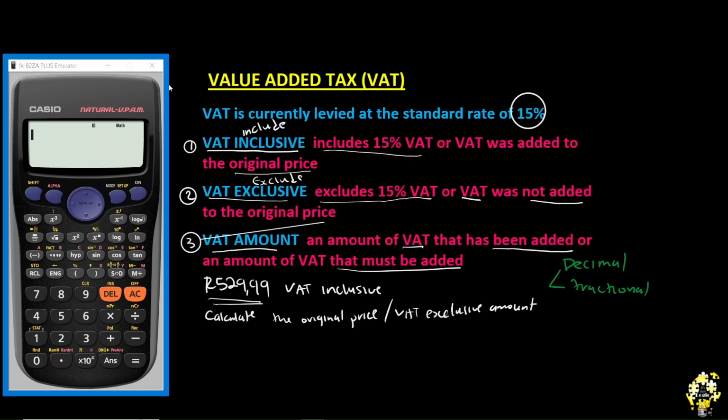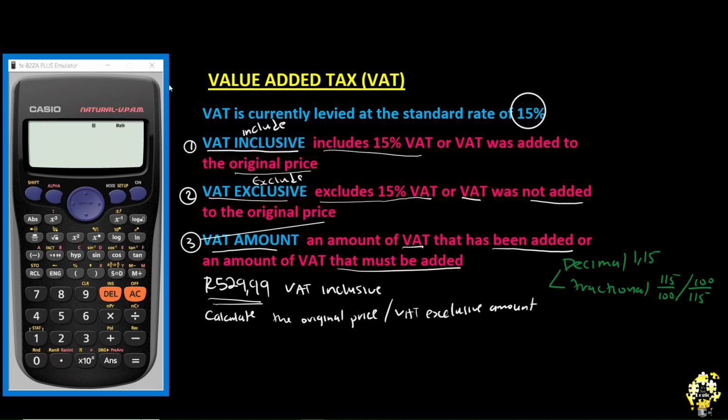Since we know that it's 15%, the decimal format will simply be 1.15. The fractional format will depend on whether 115 is above or at the bottom, depending on what we are asked to do.